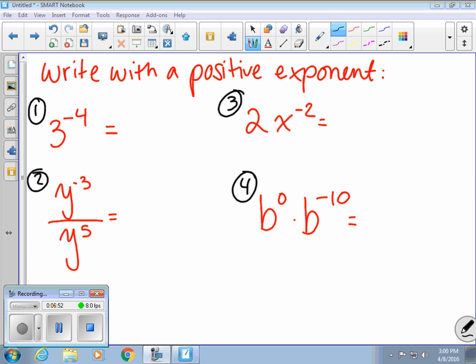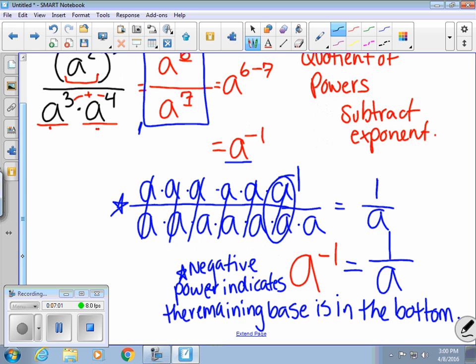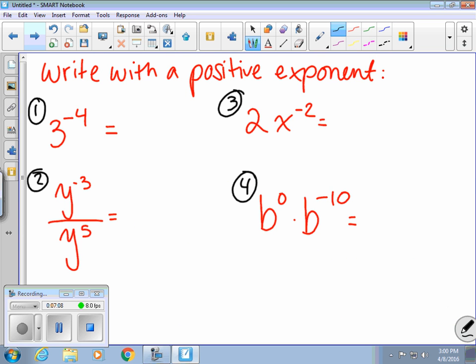There's no other base to combine it with. And so knowing that the exponent is negative, that tells me that the remaining base is in the bottom. Right now, it's not written as a fraction, so I need to write it as a fraction. 3 to the 4th goes into the bottom, and I put a 1 in the top.